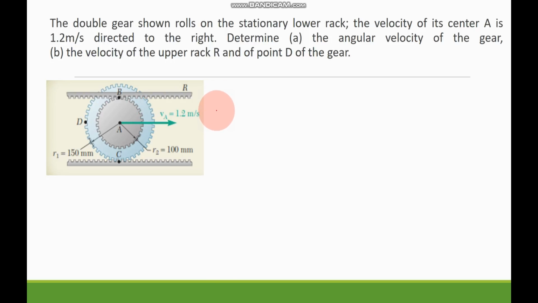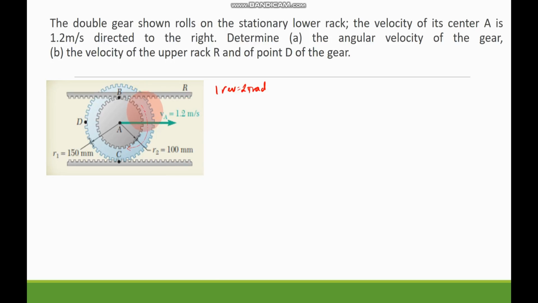So since the gear rolls on the lower rack, we can assume that the distance of A is equal to the full revolution of this larger gear, where one revolution is equal to 2 pi rad, right? So if A will move to the right, the gear will produce a certain angle theta in clockwise motion.